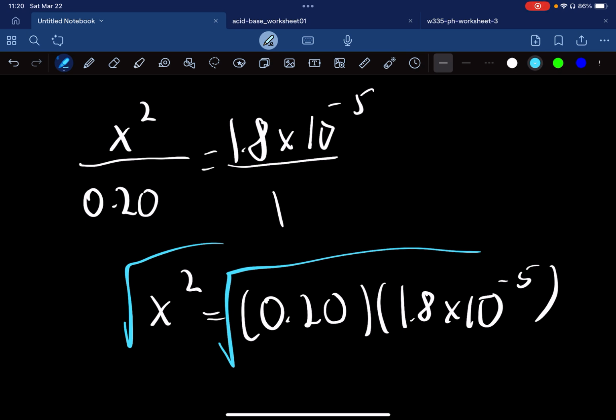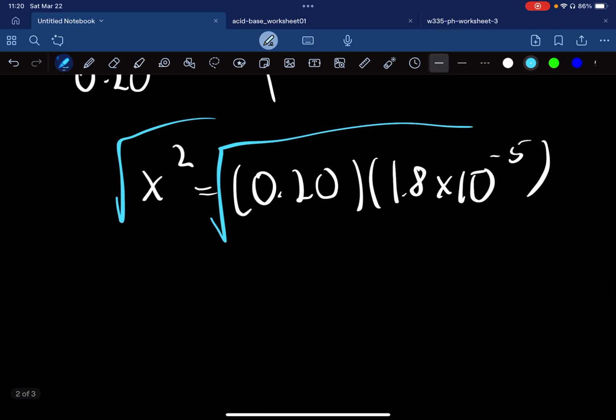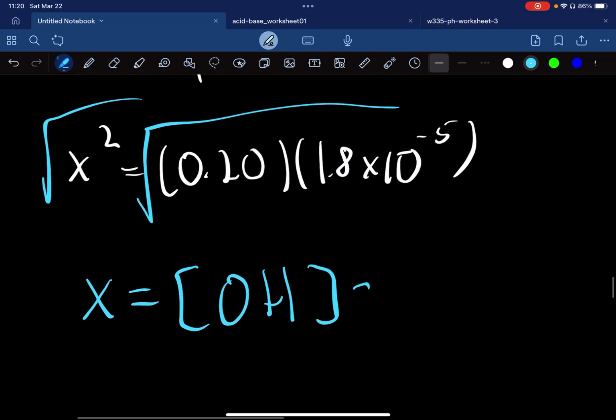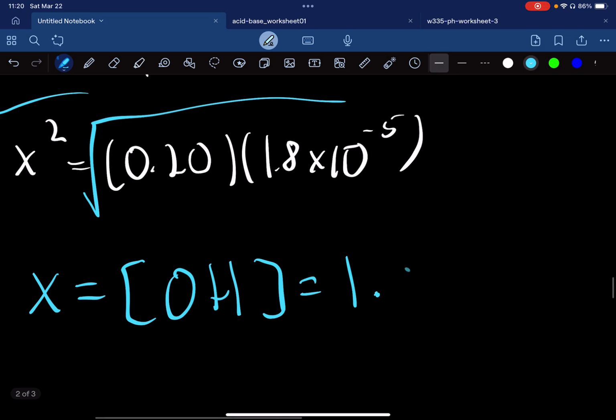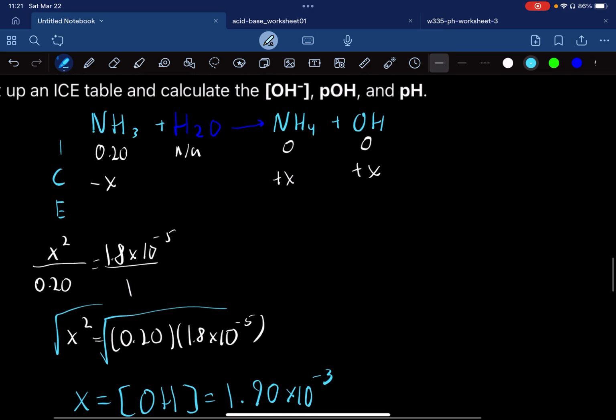Okay. Let's see what we get. So X, which is equal to the concentration of the OH, which is what we want, is, let's make it two sig figs, 1.90 times 10 to the power of -3. That's our X.